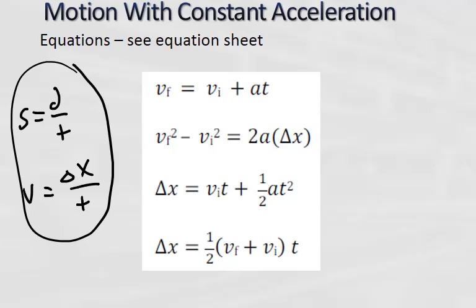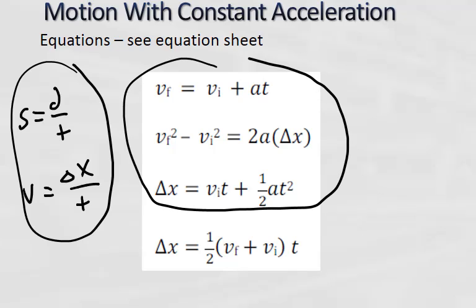But as soon as it changes, if we're getting faster or slowing, or if we're turning, we have to use one of our three constant acceleration equations. We can use one of these three and figure out what we need, and we have those on our equation sheet. This one just looks a little bit different: v final squared equals v initial squared plus 2a delta x. That's just rearranging the equation there.